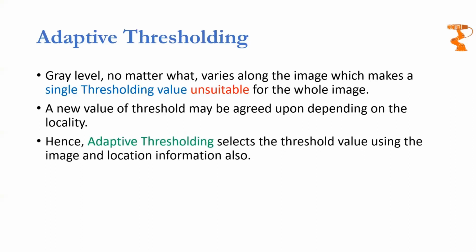So hence adaptive thresholding, it will select a threshold value using some information present in a particular location of the image. Formally put, the threshold value is not dependent on the image only, but it is dependent on the location where you are performing thresholding.